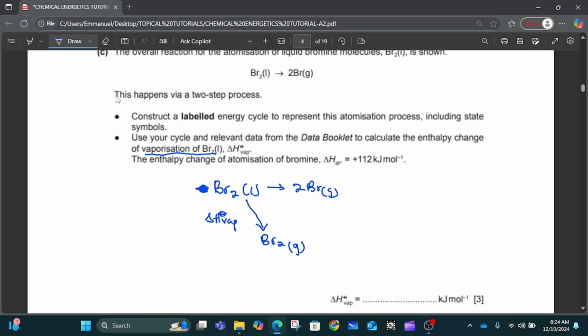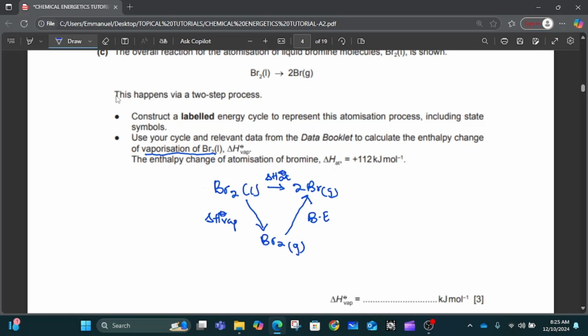Now we need to complete this energy cycle. So we can see that from Br2 gas to 2Br gas is bond energy. So we have broken the Br2 into Br atoms, 2 moles of Br atoms. Now on this first arrow, that is the enthalpy change of atomization.